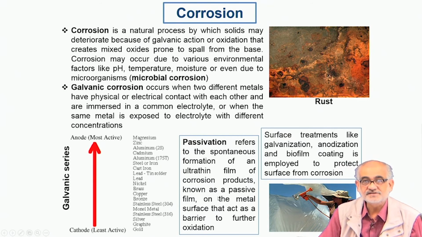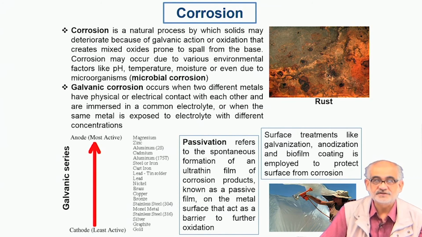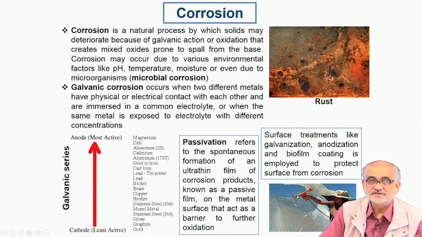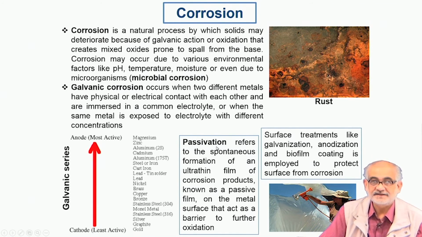In order to prevent this, we need to create a passivation layer, and this passivation is possible only when we create an oxide layer. Normally, we don't want to convert a metal into an oxide, but in certain cases, we actually prefer to create an oxide layer.